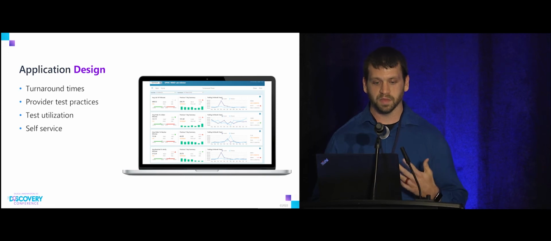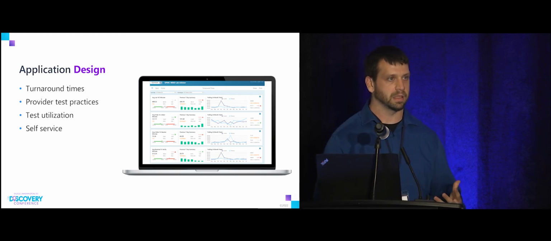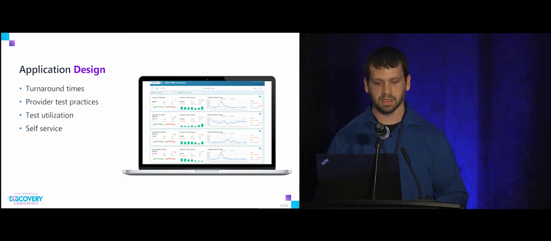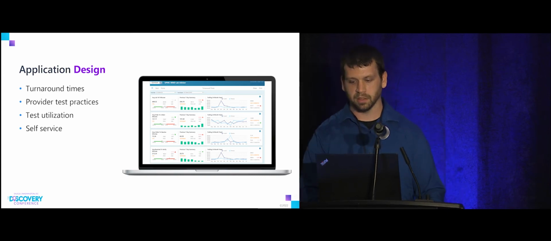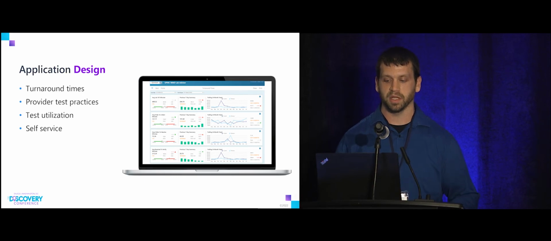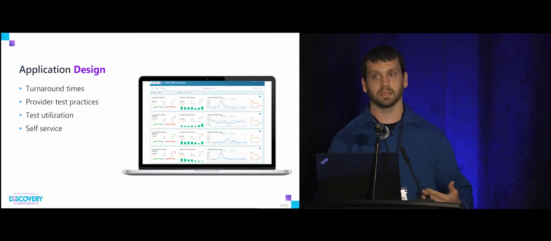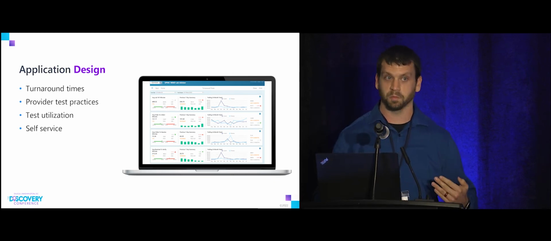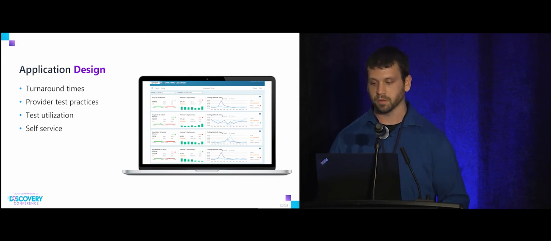And what we've developed is turnaround times in relation to order to collect, collect to receive, receive to verify, and then verify to resulted. We've implemented provider test practices so that we can identify and break down the provider order practices by test, by priority, by the percent of tests with non-normal results, average tests per patient, and so on, unnecessary tests, tests that resulted post-discharge, so therefore probably unnecessary to be ordered in general.